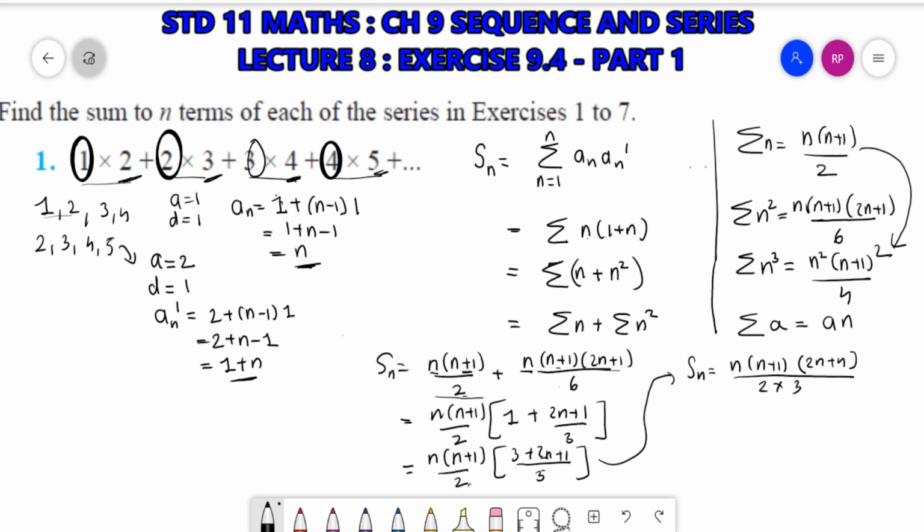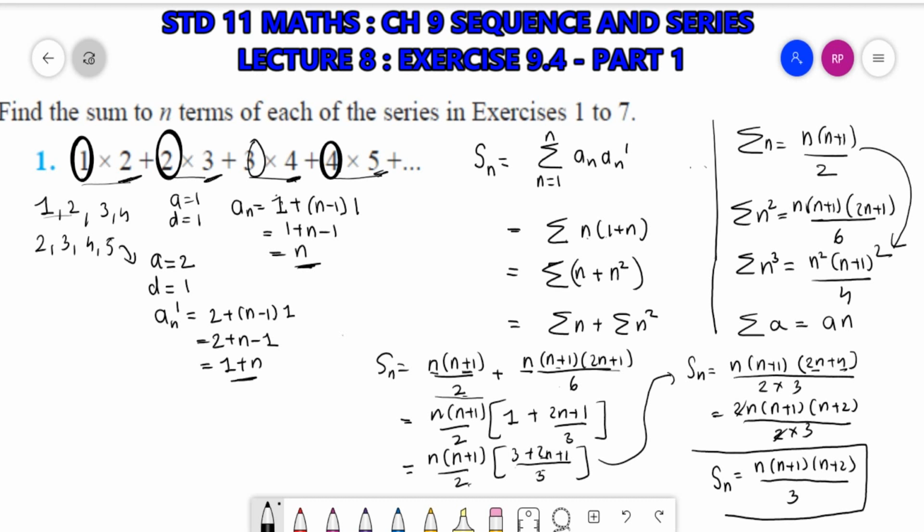Now see here I can take 2 common. Let's take 2, n plus 1, this will be n plus 2 because I have taken 2 common, upon 2 into 3, 2 gets cancelled. So our final answer will be Sn equal to n into n plus 1 into n plus 2 upon 3.